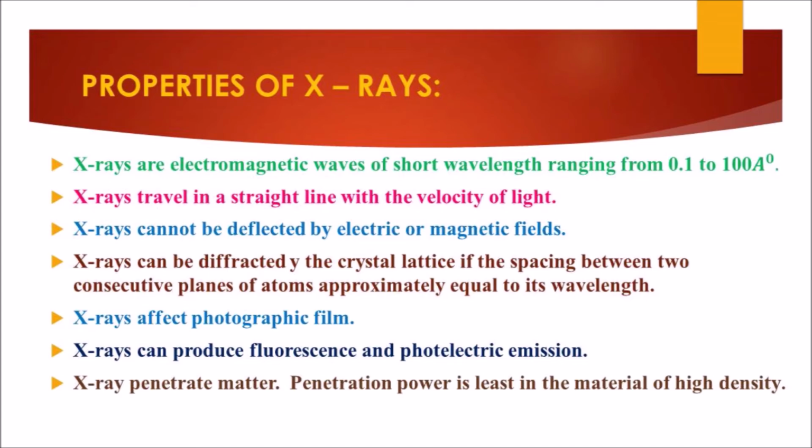X-rays cannot be deflected by electric or magnetic fields. X-rays can be diffracted by a crystal lattice if the spacing between two consecutive planes of atoms is approximately equal to their wavelength. X-rays affect photographic film.